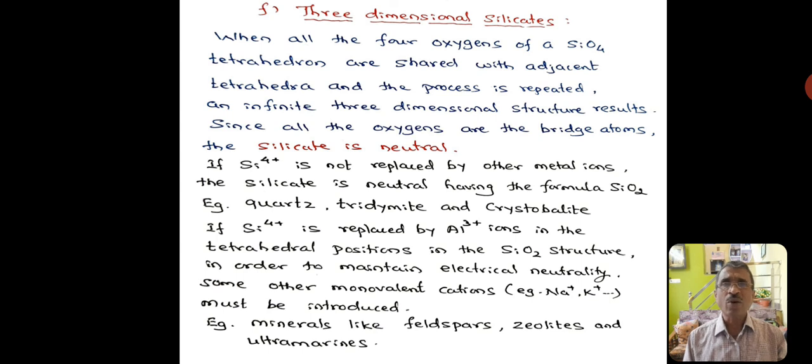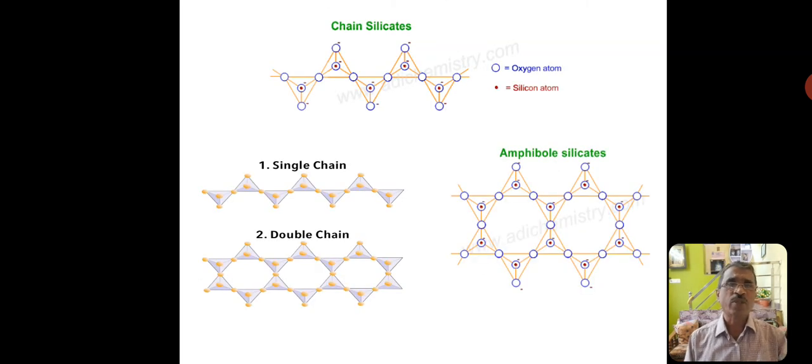Because you know the silicon valency is 4 plus, but aluminium valency is 3 plus, so to make 4 plus, the monovalent cations like Na+ and K+ are introduced in these three-dimensional silicates. Minerals like feldspar, zeolites and ultramarines are the examples of this kind of three-dimensional silicates.